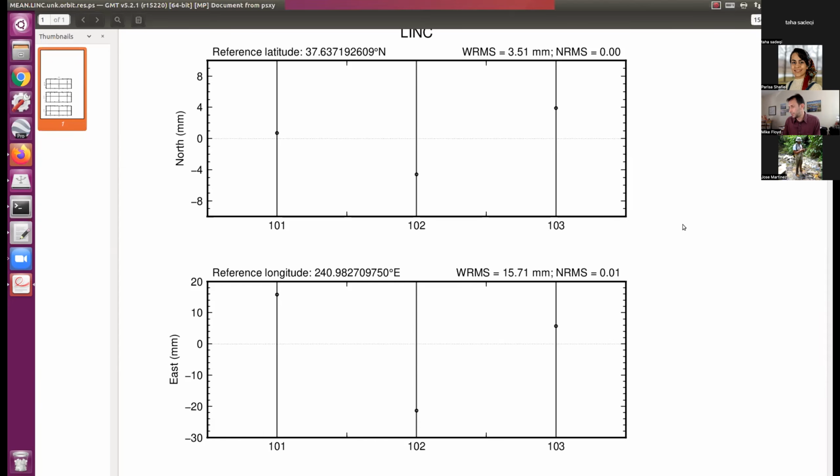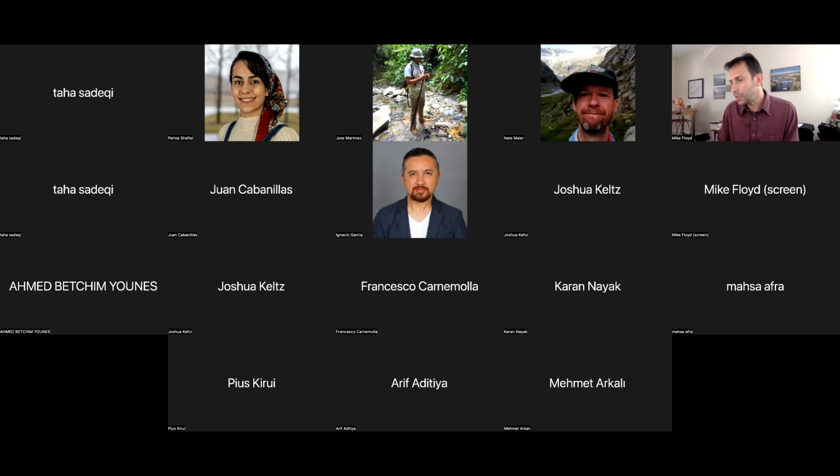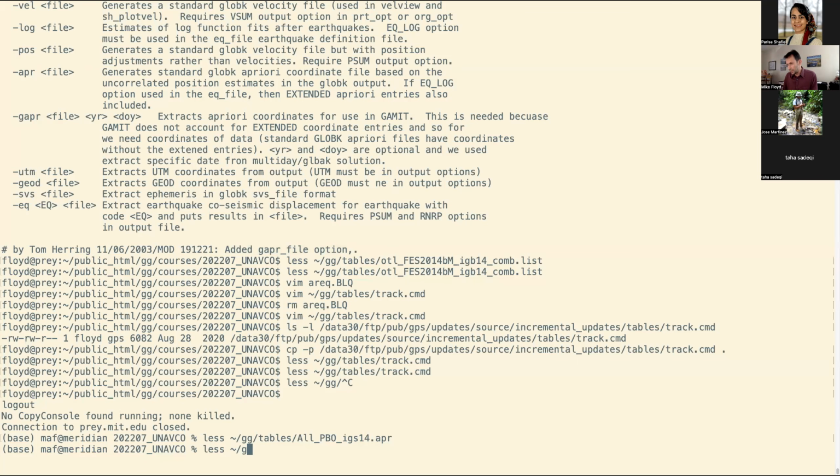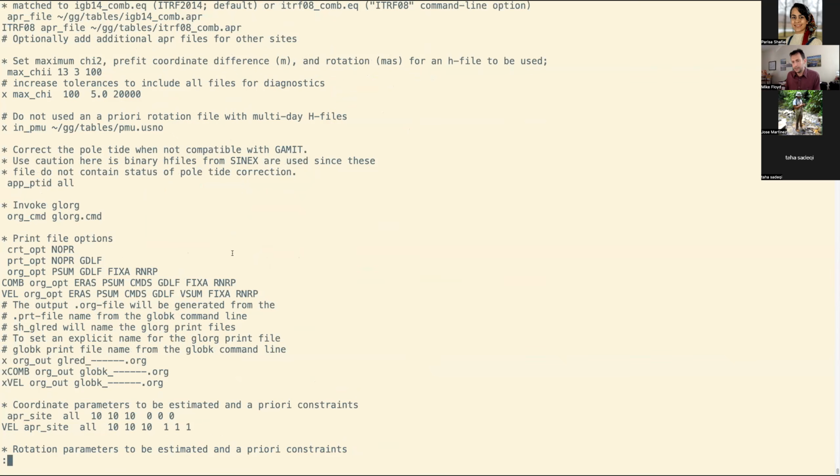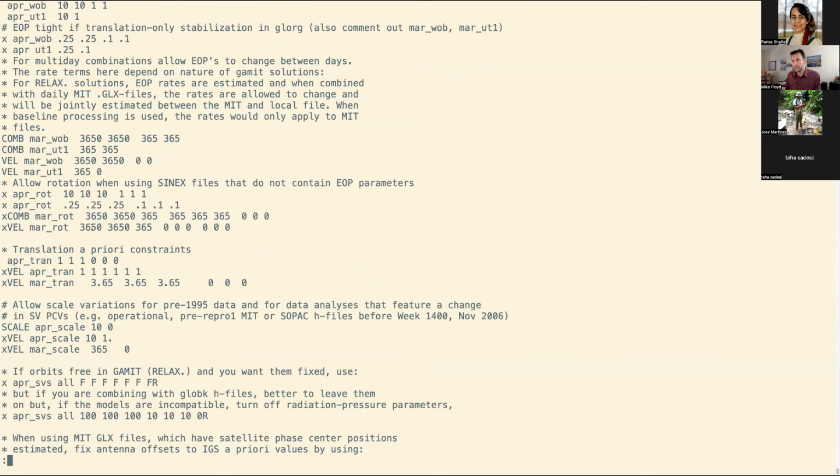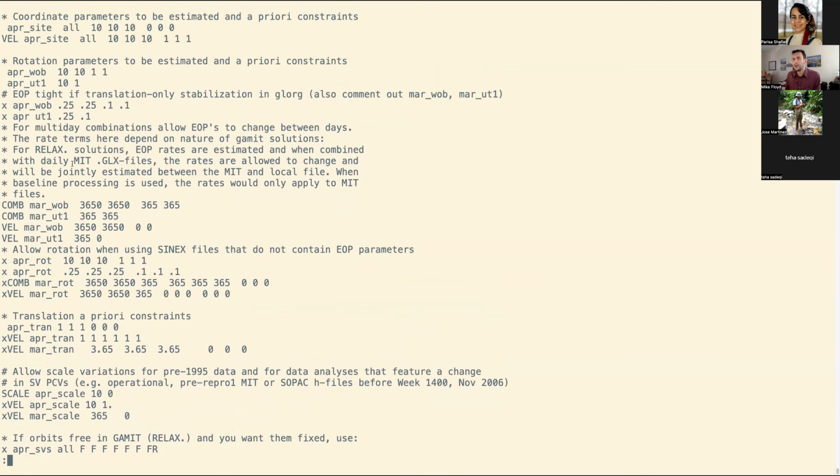I can show you briefly if I share my screen. In the standard globk command file, down where we constrain the rotation parameters here, normally the polar wobble, which is the polar position, and the UT1, which is the rotation rate around that pole, those 3 parameters define the orientation of the axes.